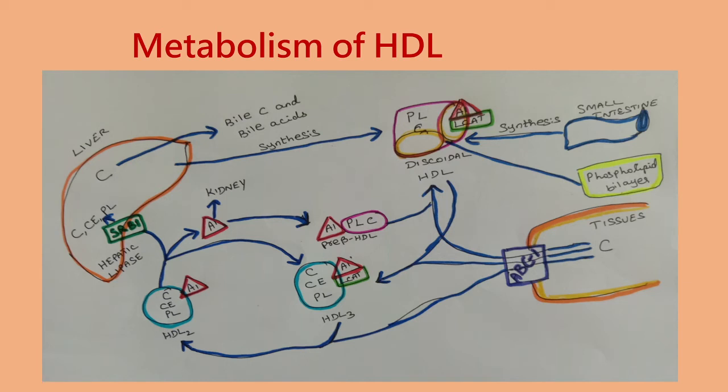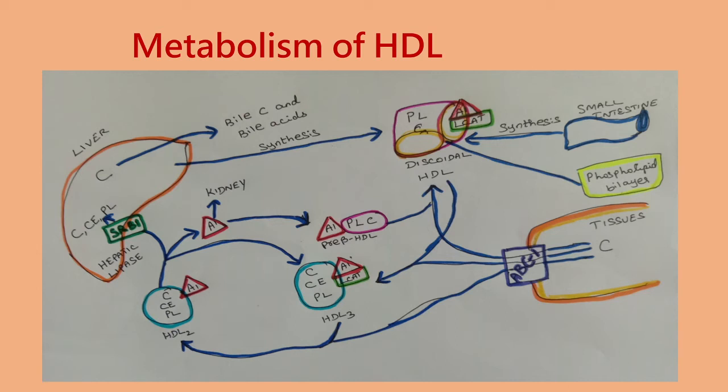The cycle is completed by reformation of HDL3 either after selective delivery of cholesterol ester to the liver via the SRB1 receptor, or by the hydrolysis of HDL2 phospholipid and triacylglycerol by the hepatic lipase. Either by these two ways the cycle is completed by reforming HDL3 once again.